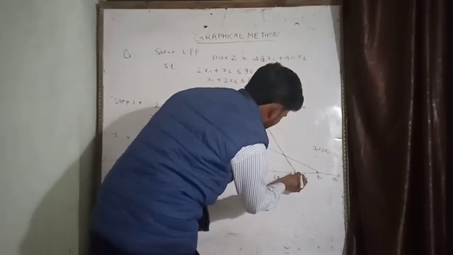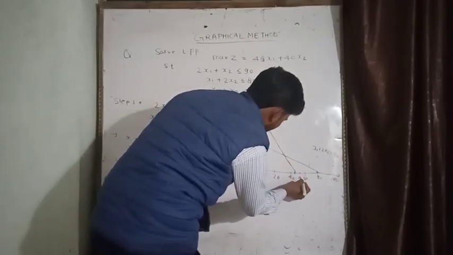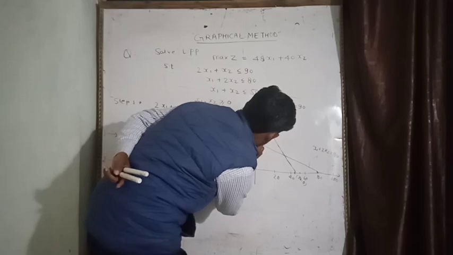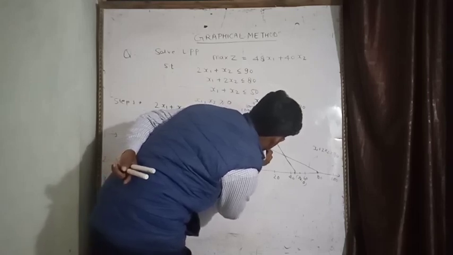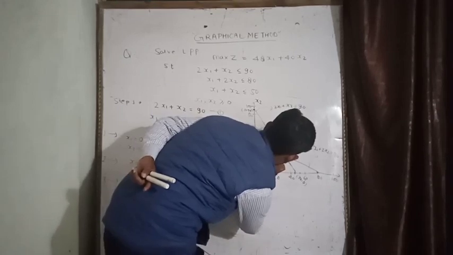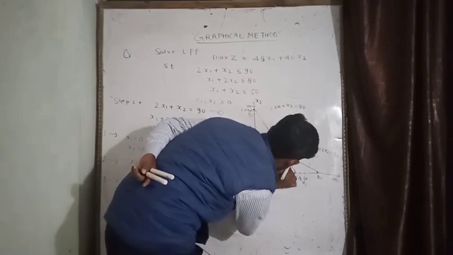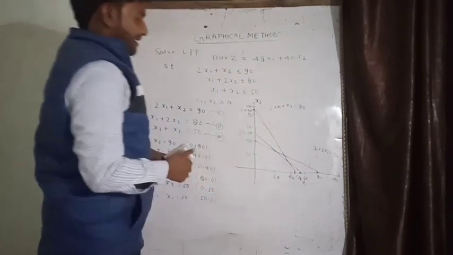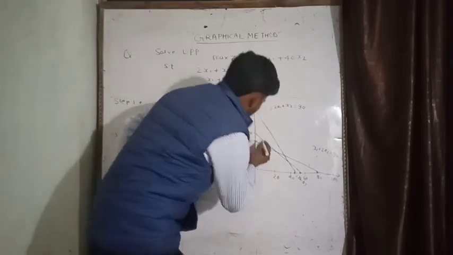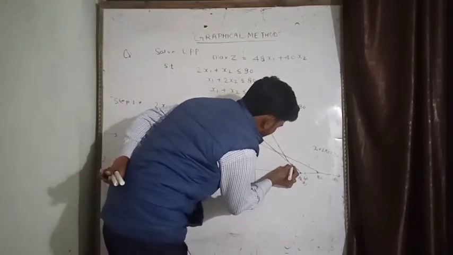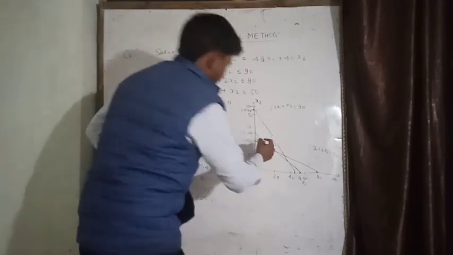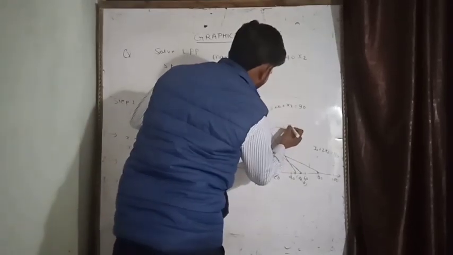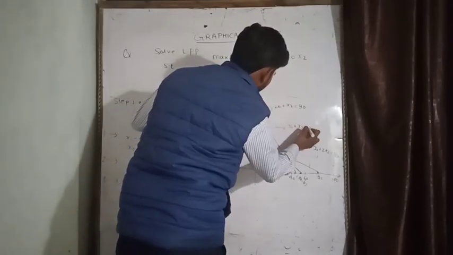After joining these points, we get this graph of these lines. This line is x1 plus x2 is equal to 50.